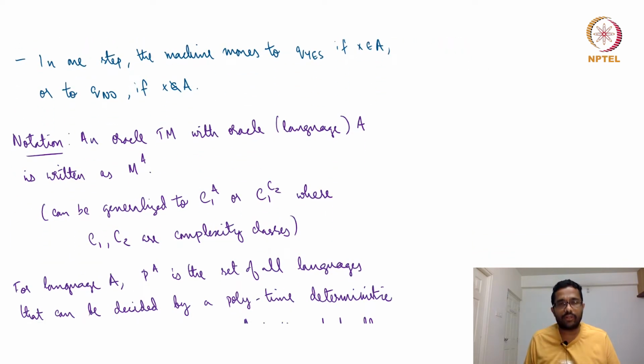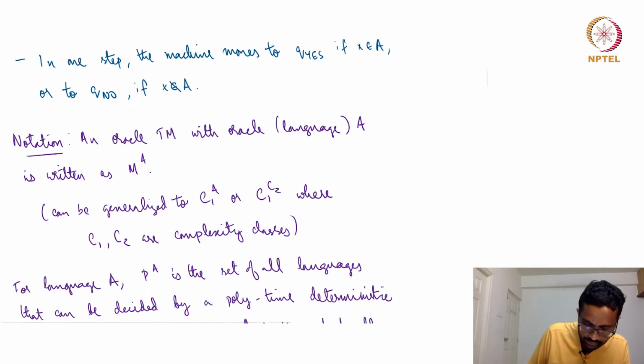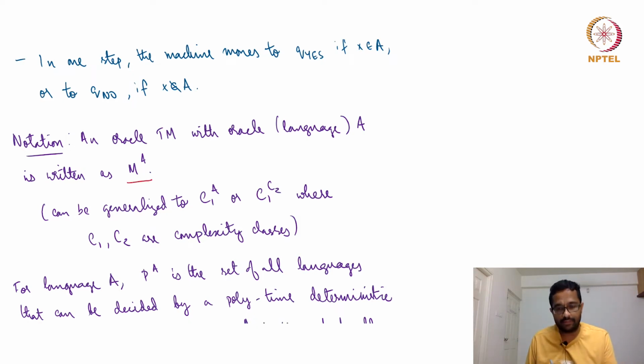And such a Turing machine is called, if a Turing machine M is there with access to an oracle A, it is denoted by M with superscript A. So it has M and it has access to the oracle A. And we will see later generalizations of this, where we will see complexity classes with access to an oracle.